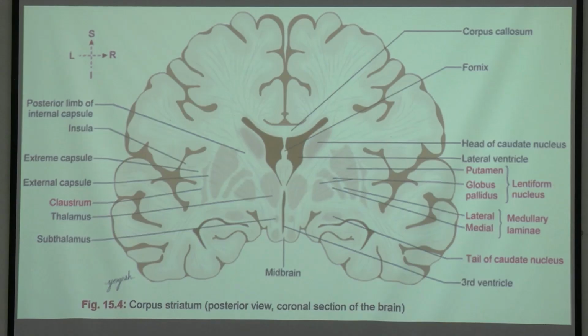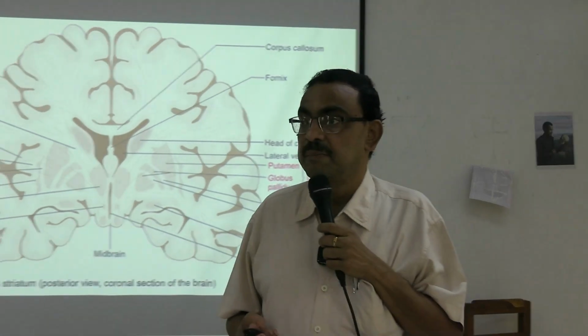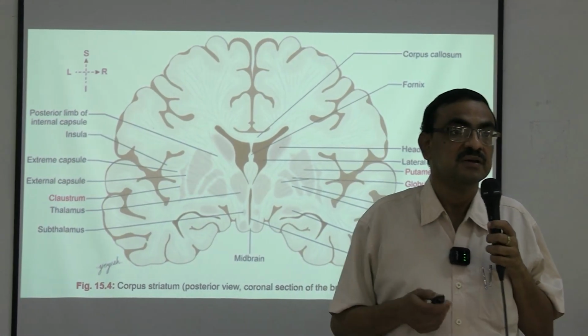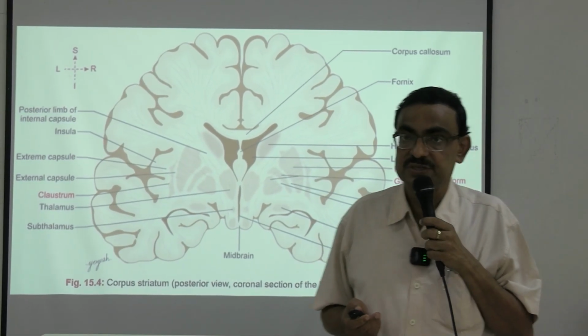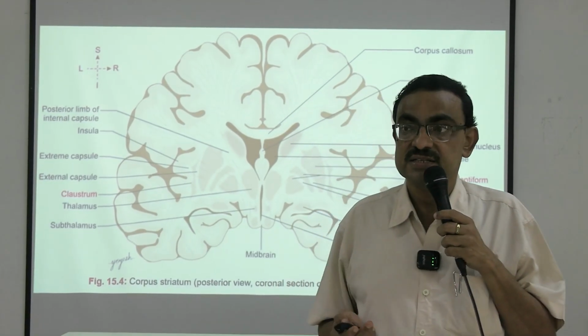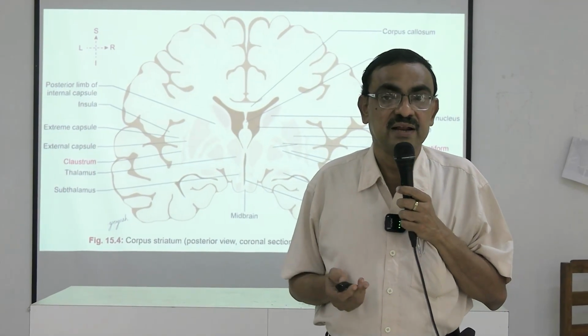Also there is another part which is not visible here, which is present in the midbrain. When we cut the midbrain, we can find another region, the substantia nigra, which on cross section appears as a dark region; nigra means black.